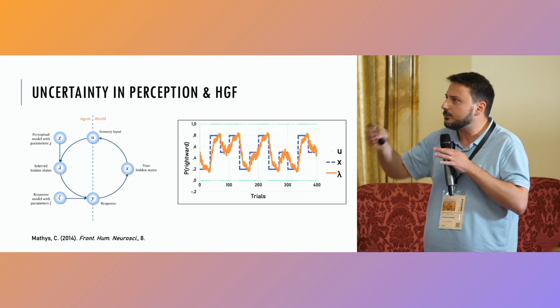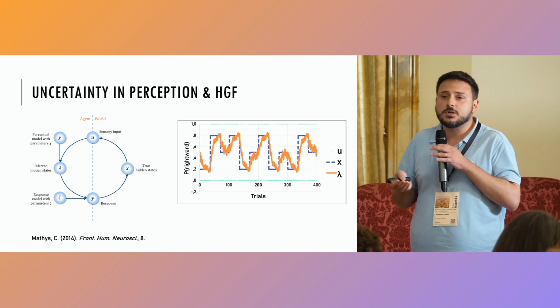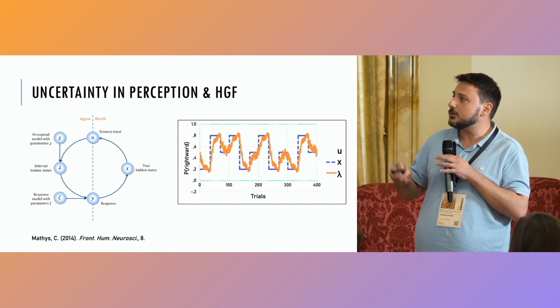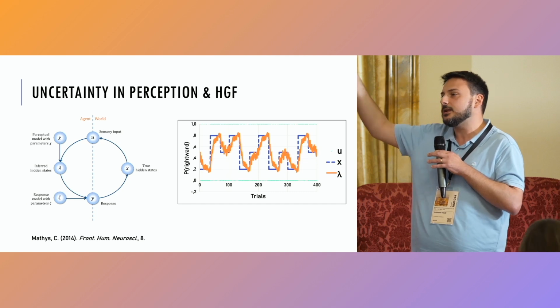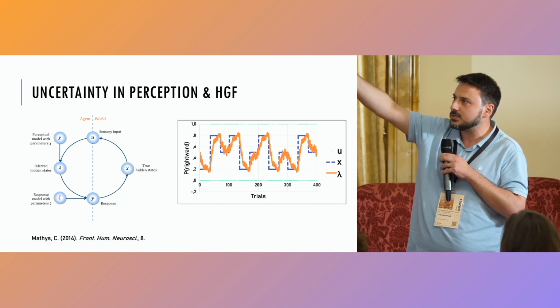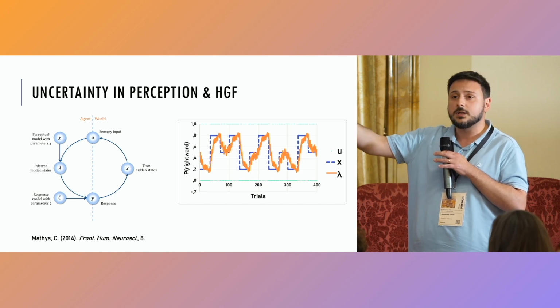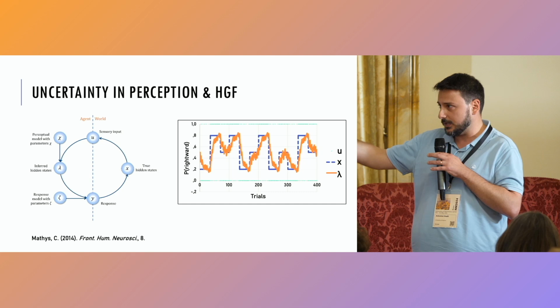So according, for example, to the Bayesian brain hypothesis, perception is an inferential act, and the decision maker tries to infer the true hidden states, so the environmental hidden states that caused the sensory inputs, and these inferred states can then be used for influencing my response, for influencing my action.